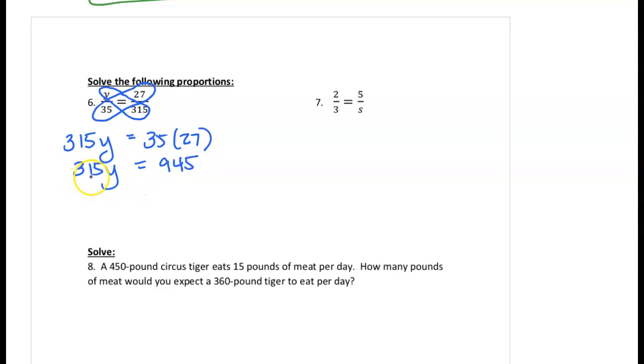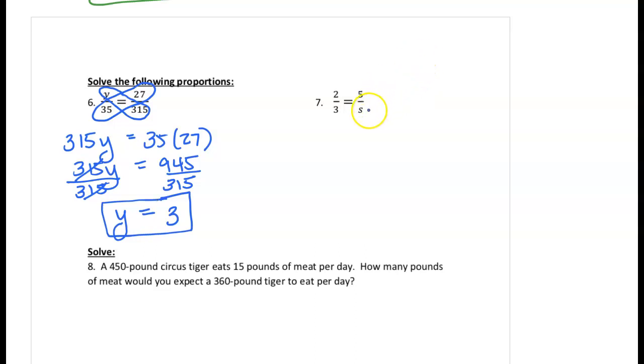And getting the y alone, we're going to divide both sides by 315. On the left, we simplify to get y. On the right, we simplify and get 3. So to make this proportion true, and for the two fractions to be equal to each other, our y variable would have to be a 3.